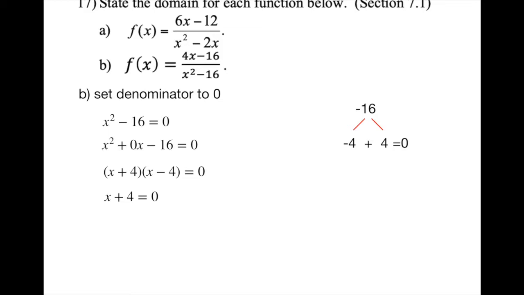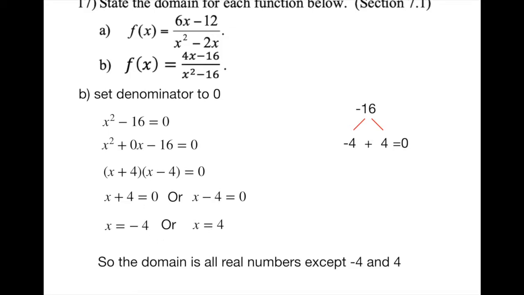So either x plus 4 is 0 or x minus 4 is 0. x is either minus 4 or 4. So for the domain, we will say all real numbers except those two numbers. That's your domain for part B.